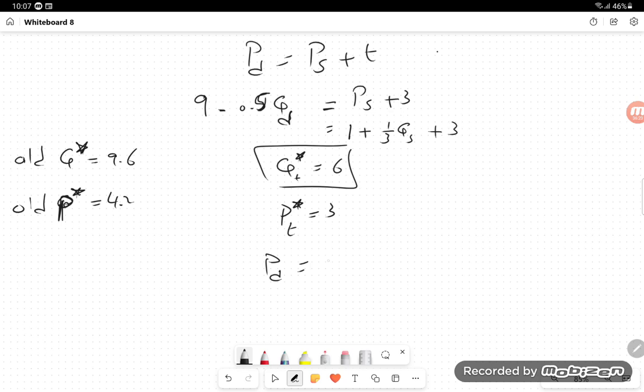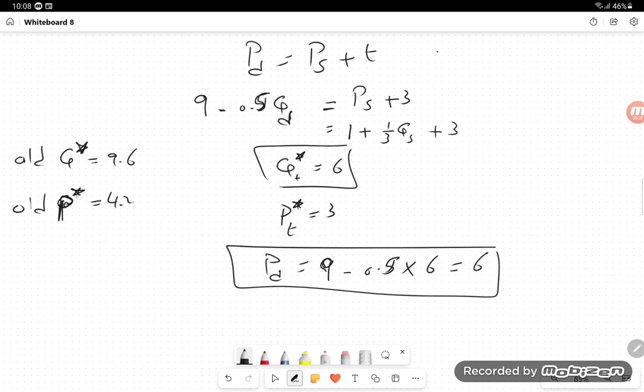It will be 9 minus 0.5 multiplied by the equilibrium quantity, which is 6. So the price will be 6. In this case, consumers are going to pay 6, but producers are going to get 3. And the difference is the taxes.